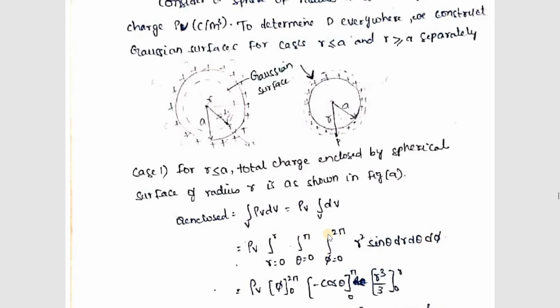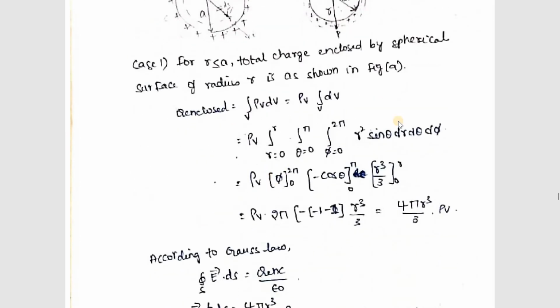So there will be three integrals. We know the limits of r is 0 to r, because here the maximum radius is r, and next theta is 0 to pi and phi is 0 to 2 pi. So rho v into, integration of phi is 0 to 2 pi, and for sine theta d theta it is minus cos theta, and for r square dr it is r cube by 3. If you apply the limits, we get 4 pi r cube by 3 rho v.